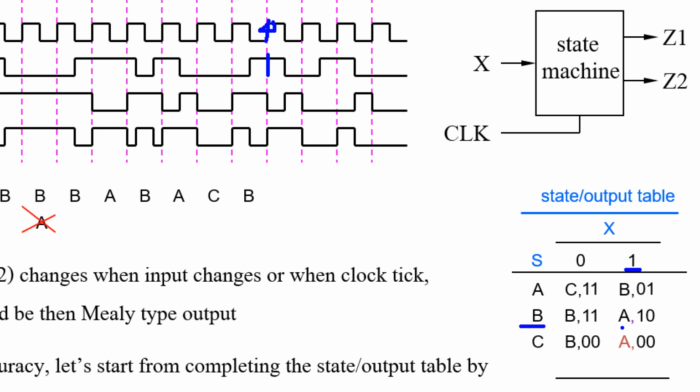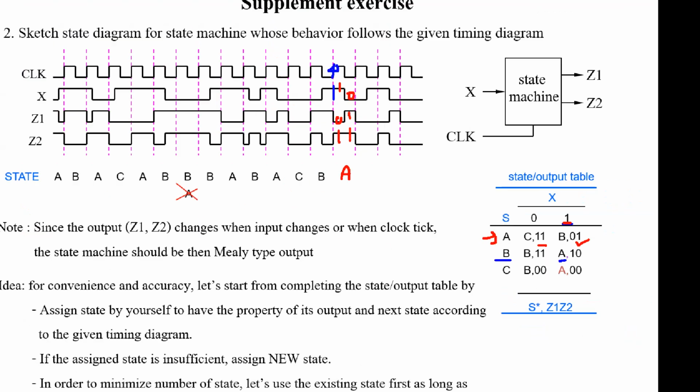At state B, it should go to state A, right? At state A, when input is 1, output is 0, 1. When input is 0, output is 1, 1. So it should be state A here.